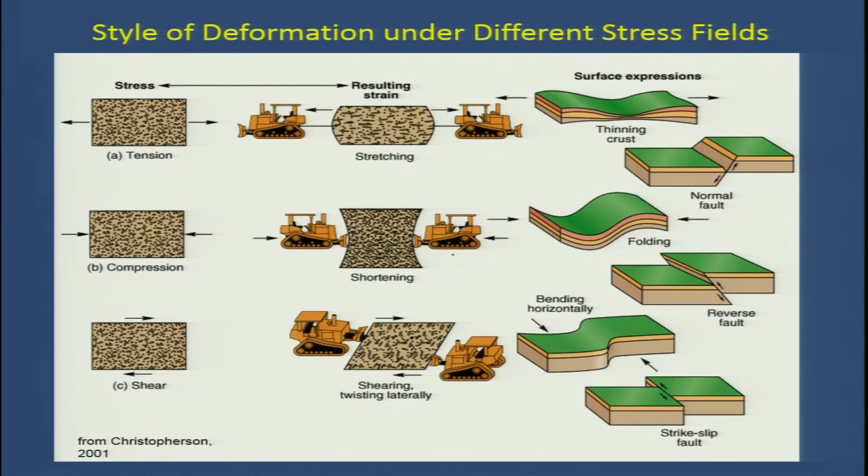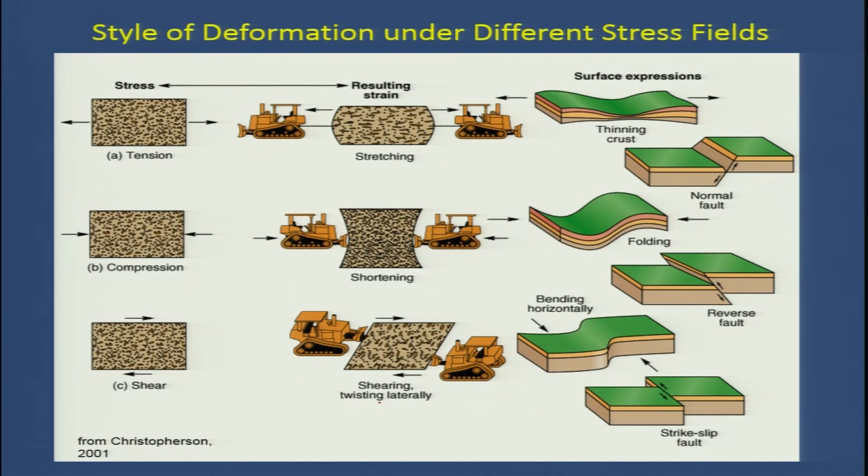Similarly, in a compressional tectonic environment you are shortening the plates or the crust, and the deformation pattern will be folding, and mostly you see the development of reverse faults.